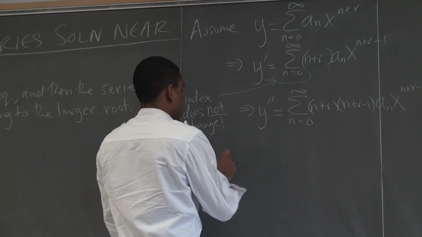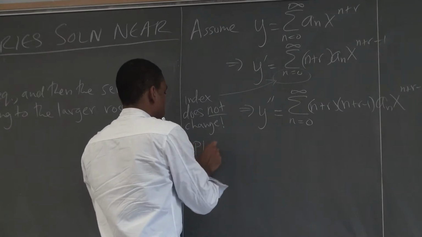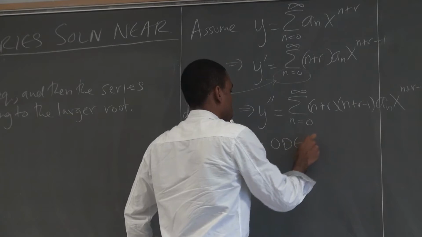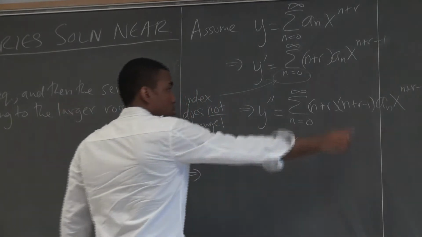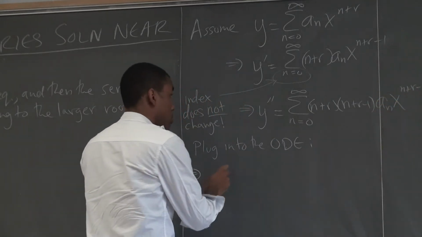So let's plug it into this one. This gives us the sum of a_n x to the n plus r. Plug it into the ODE to get: I'm going to multiply x squared by this guy, which means this minus 2 will disappear.